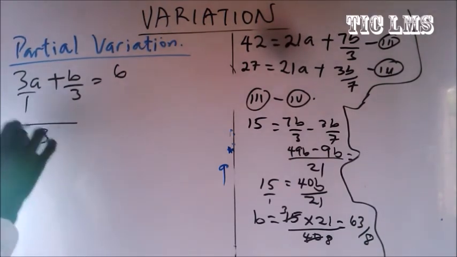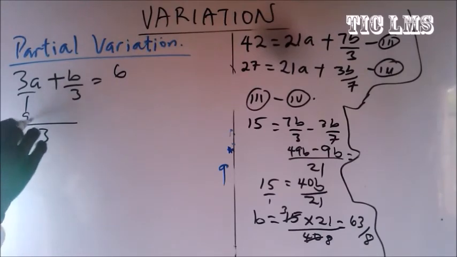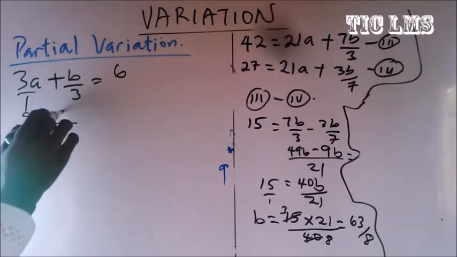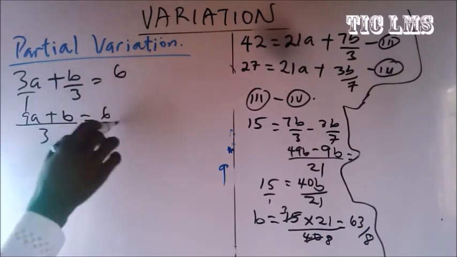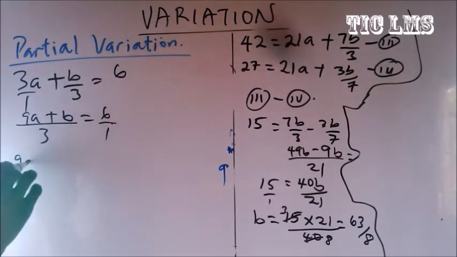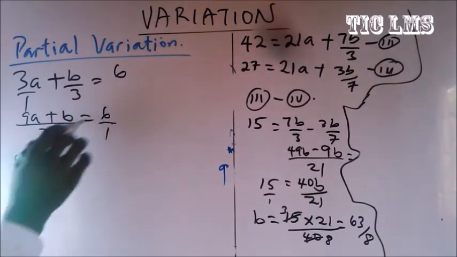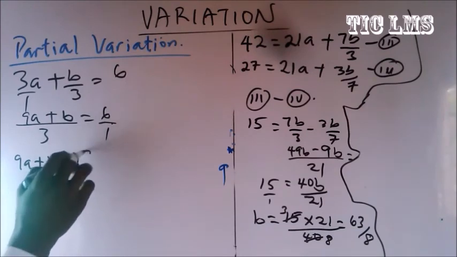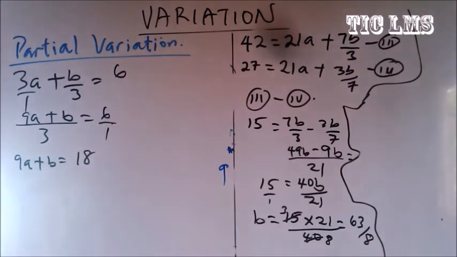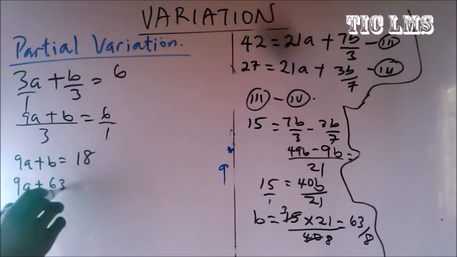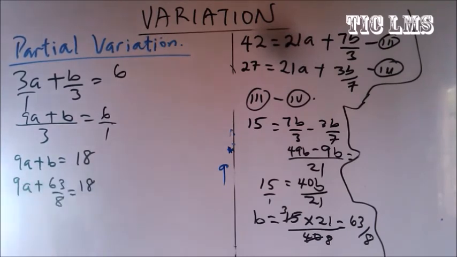So we have 3 over here. 3 times 3 is 9A, plus 3 into 3, 1, so we have B, equal to 6. So we have 9A plus B equal to 6 times 3. That's 18. Now we can bring in our 63 over here. So B now is 63 over 8. So we have 9A plus 63 over 8 equal to 18.